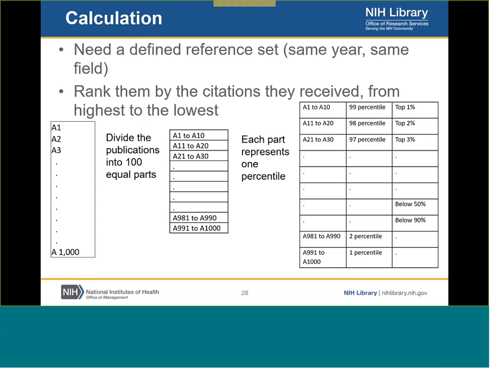When we find each percentile, we will use the lowest citation count in that percentile as a threshold, to find the number of citations you need to be ranked as that specific percentile.